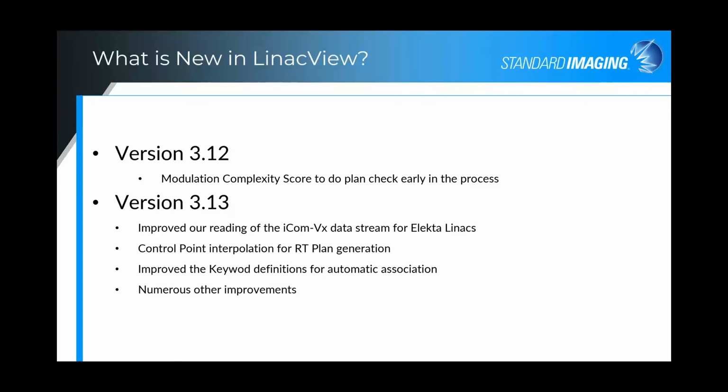Say if you wanted to have different analysis for a head and neck versus a prostate, you can use keywords based on the plan name or based on two different DICOM tags, and we have made those keywords a little more forgiving. So that's for easier automatic association, and just numerous other improvements.